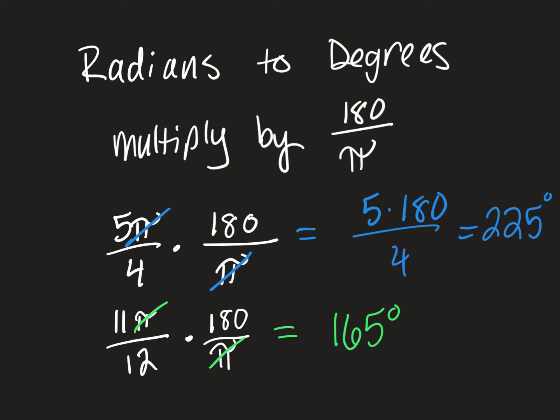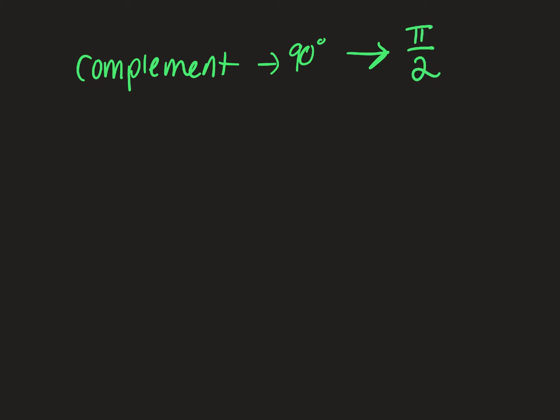The other thing that I want to go over for this section is finding complements and supplements when you are working with radians. We know that to find a complement of an angle, we normally would subtract from 90. But when we're working with radians, that means you're going to be subtracting from pi over 2.